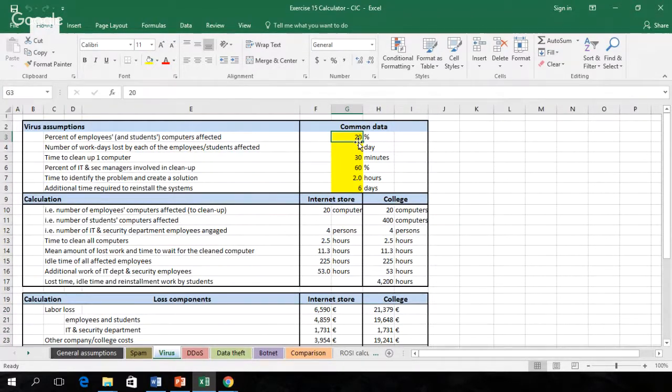Before they can resume their work, the IT department has to identify the problem and find a solution. It takes 2 hours, and repairing each of the affected computers takes 30 minutes, as shown in cell G7.